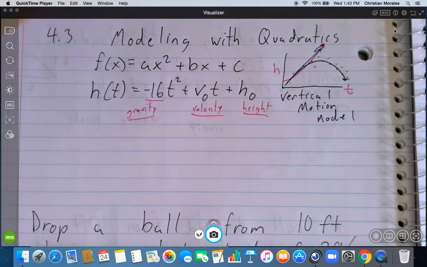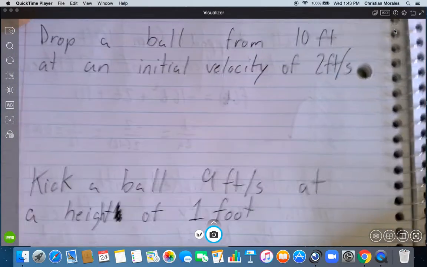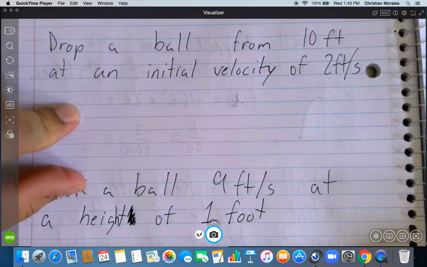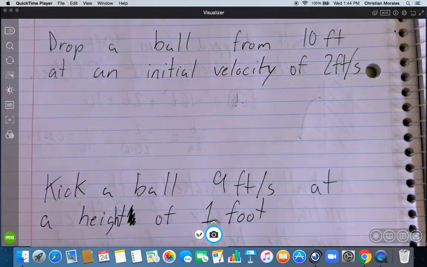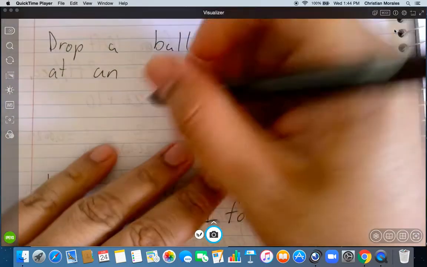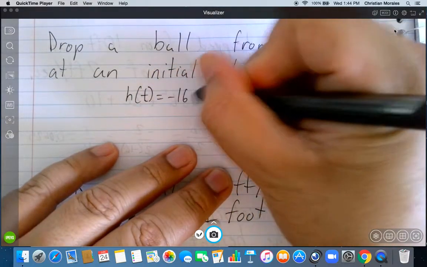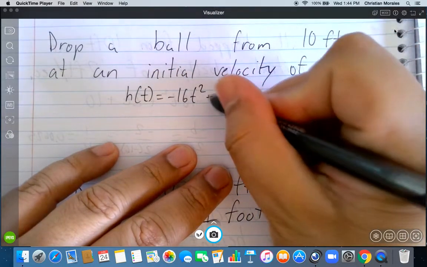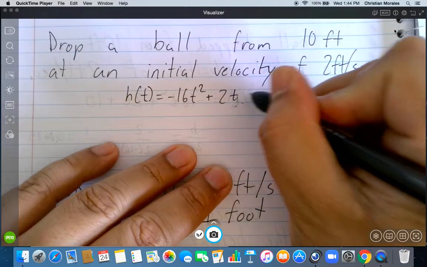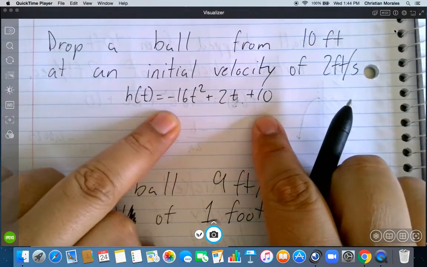So, for example, if you drop a ball from 10 feet at an initial velocity of 2 feet per second, your function would look like this. That's it.